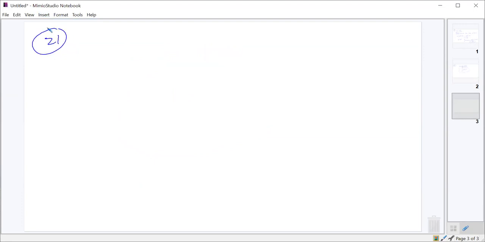Next one is 21. So for 21, we've got the center of the city. We're assuming the city is a circle, so let's draw a circle. And the center of the city is on a straight highway with a radius of 3.